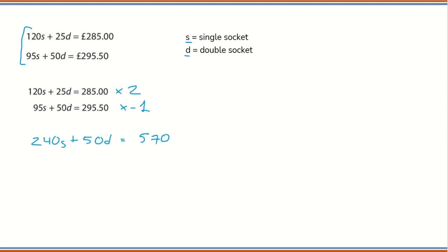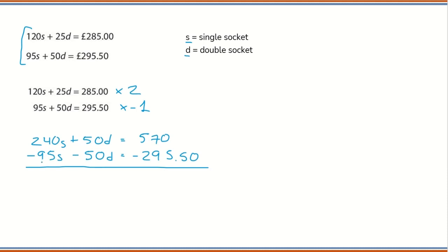The second one, I will multiply it by -1, so I will change the sign of all the terms. Minus 95S minus 50D equal minus 295.50. So now they are ready to be added up.